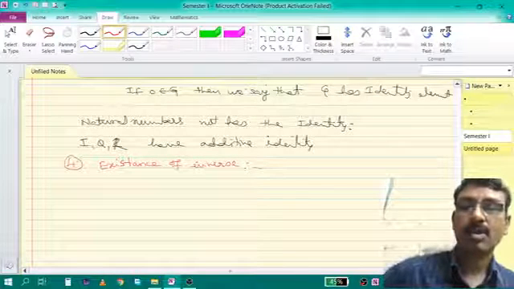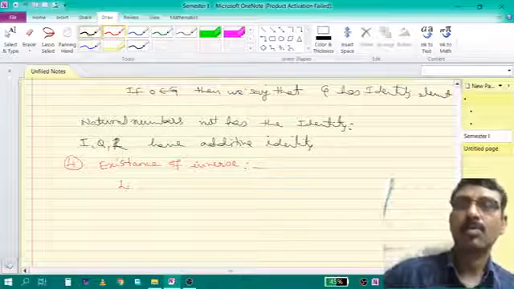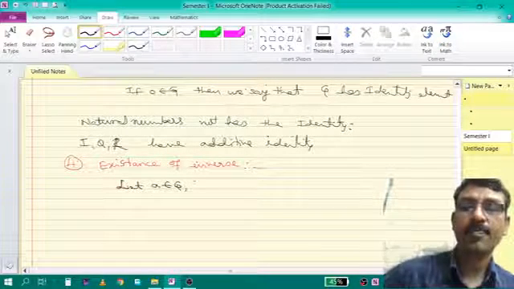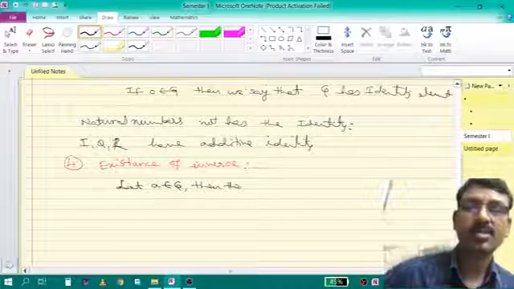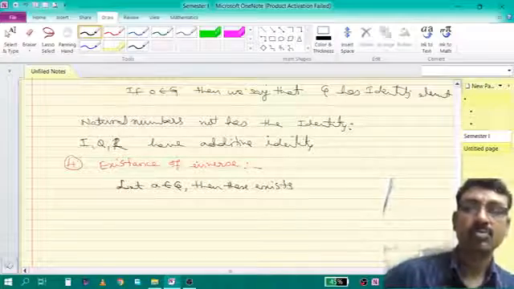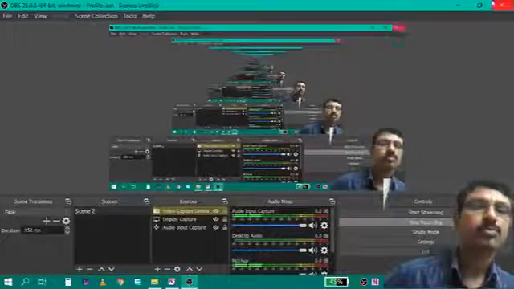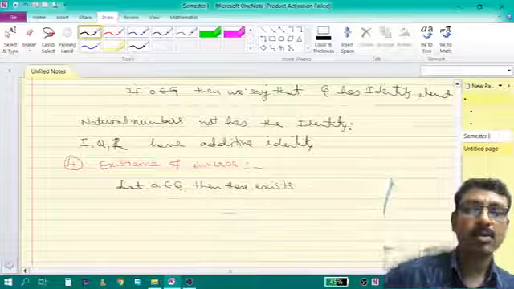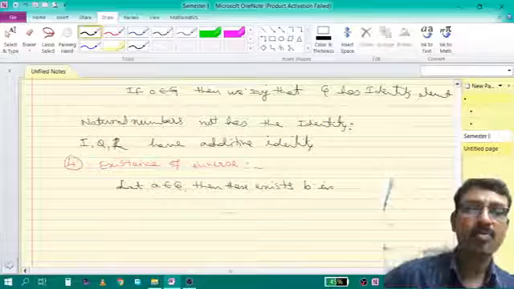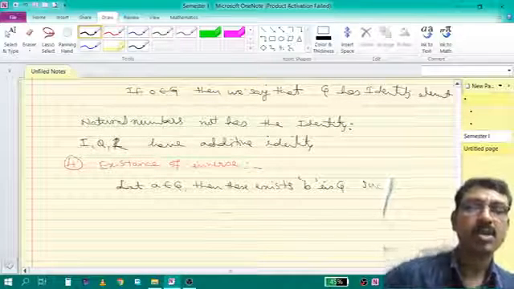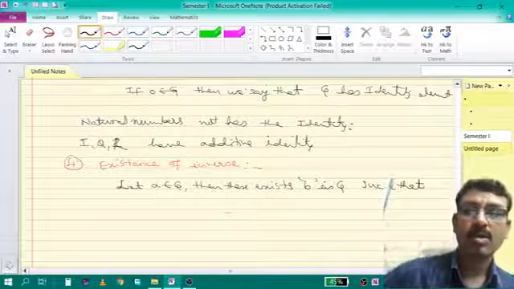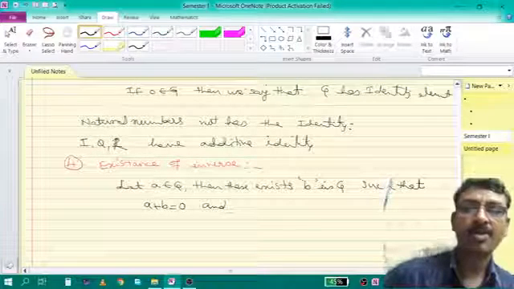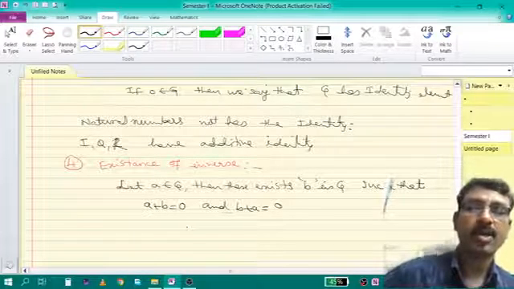So let there be an element A belonging to Z, then there exists an element B in G such that A plus B equal to the identity element, and also B plus A is equal to the identity.